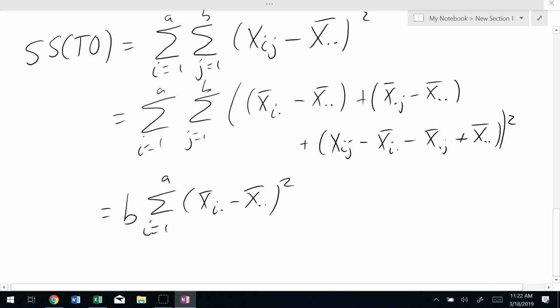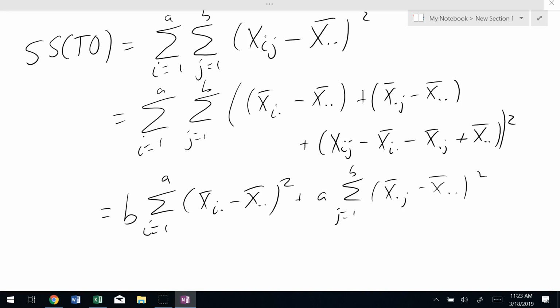The next one is an a times the sum from j equals 1 to b of (x bar dot j minus x bar double dot) squared. Again, there are no i's, so if I flip the sum around, I'm adding that to itself a times. That's where that a is coming from.